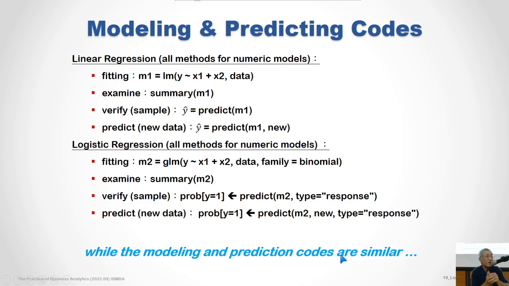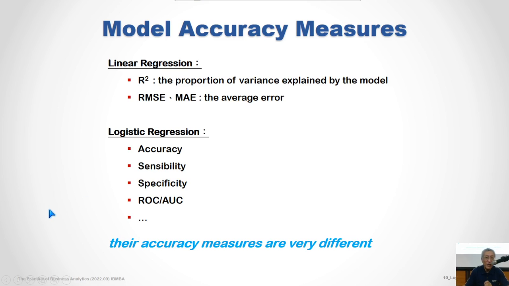As I told you, if we are talking about fitting a model, examining the coefficient, doing prediction, the process is very similar between logistic and linear regression. But when talking about model accuracy, the measurements are very, very different.